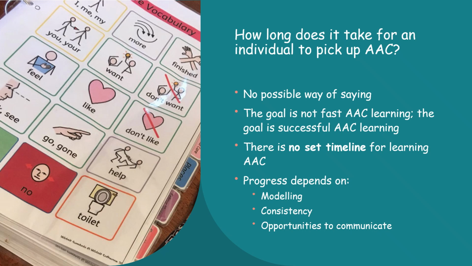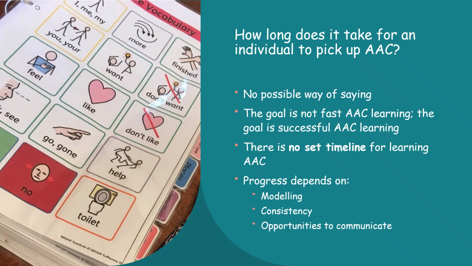And it's important to remember that AAC learning is not just about the child, it's not just about what happens in school, it's about the communication partners around them in every single setting. So whether they're in respite, whether they're at home. If AAC is only used occasionally, progress is likely to be slower than if the child sees it being used regularly across lessons, playtimes, routines, social interactions, home, parties.